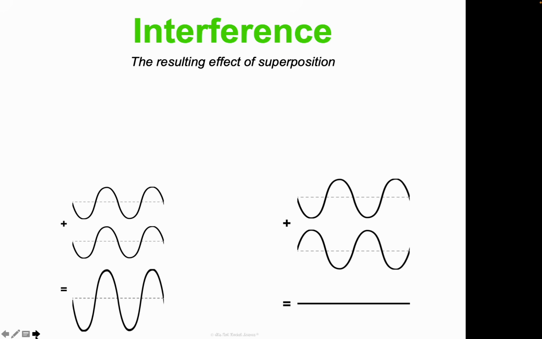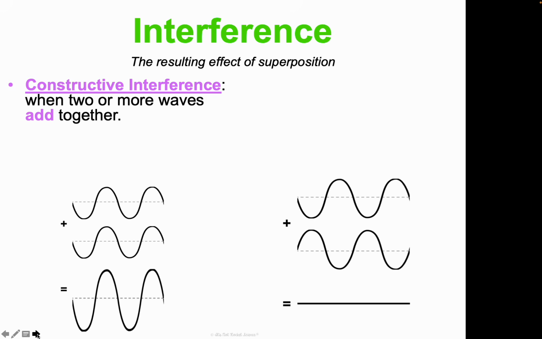Okay. So let's talk more about interference, the resulting effect of superposition. What we see is that when 2 waves arrive at the same place at the same time, they can interfere, often constructively or destructively. In constructive interference, the 2 or more waves end up adding to each other, and that increases the overall amplitude of the wave.